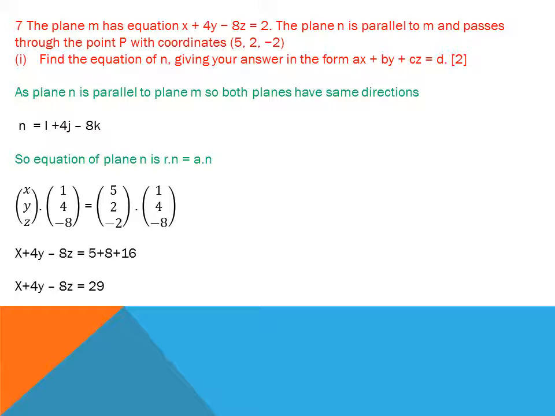We apply the formula here: R dot N is equal to A dot N. R means the coordinates x, y, z, and N means direction of plane N, and A means point of plane N. So R dot N is equal to A dot N. Hence I simplify this, then it will become x plus 4y minus 8z is equal to 29, which is the required equation of the plane.